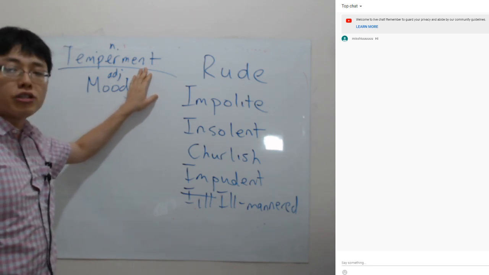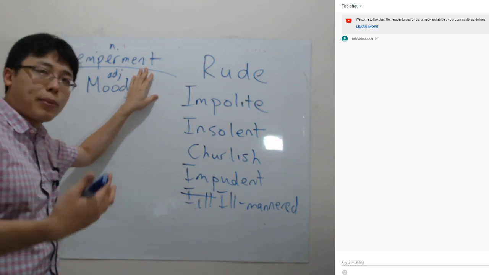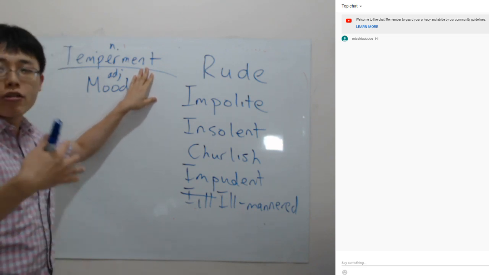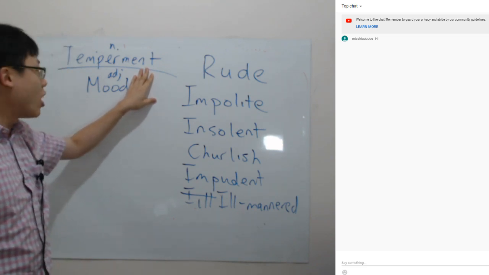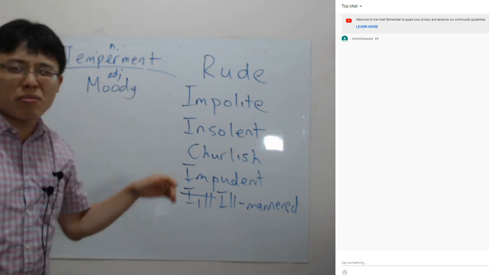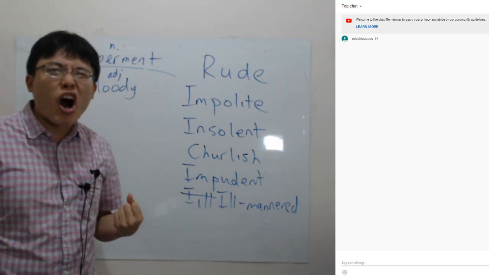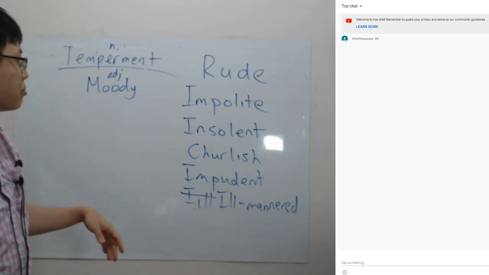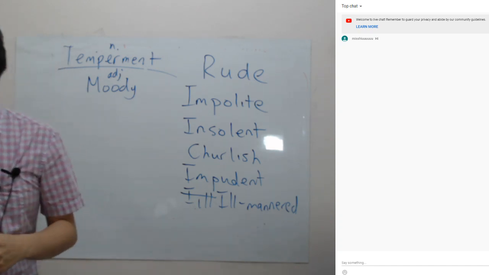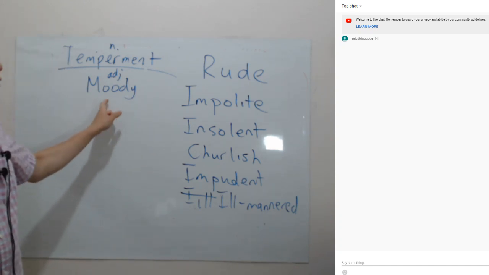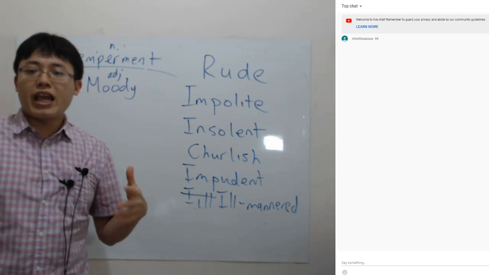If you have a good mood, you're smiling, maybe you're dancing around, you smile a lot. If you have a bad mood, then maybe you're frowning a lot, you don't like to talk to people, no eye contact.